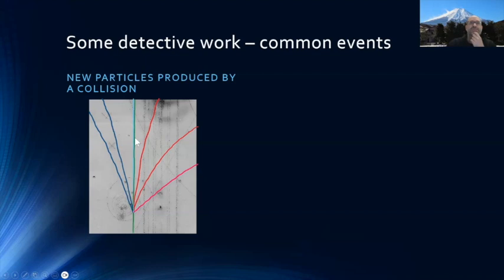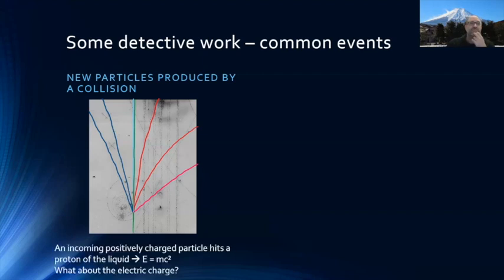The green trace is the original particle. The pink trace is a proton just kicked to the side. So this is the production of particles by a collision. And this is what they do in the Atlas detector all day long. They just search for collisions and the production of new particles to find out more about what they are.